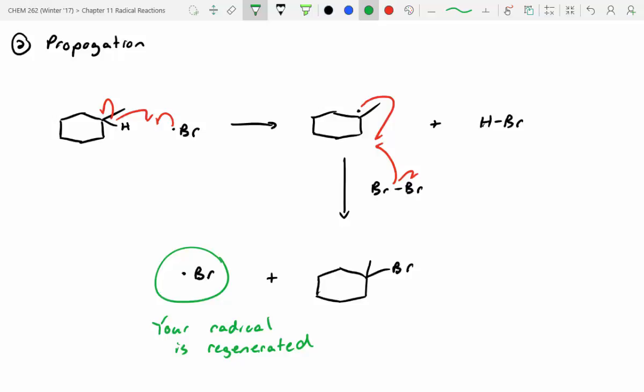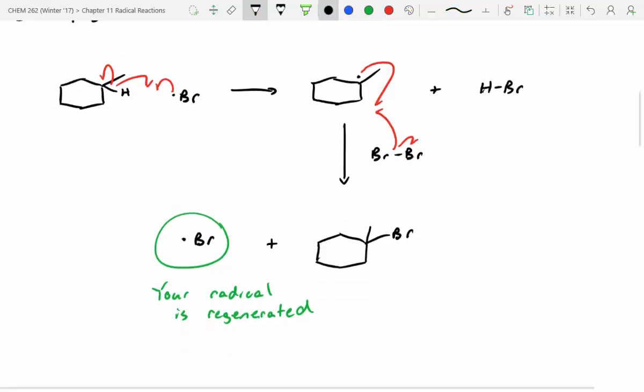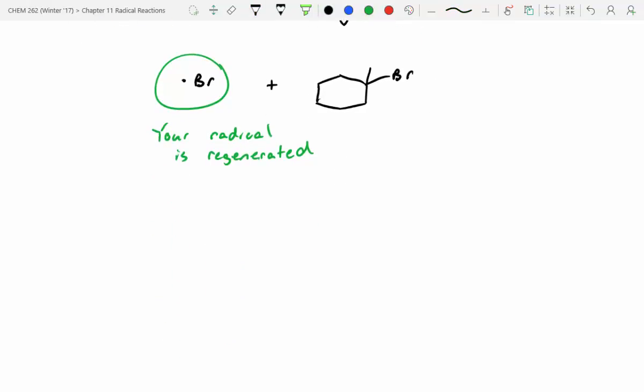And then the last step is eventually, when the reactions run out of that starting material, it will exhaust itself and it will have to terminate. And there are three options with termination.